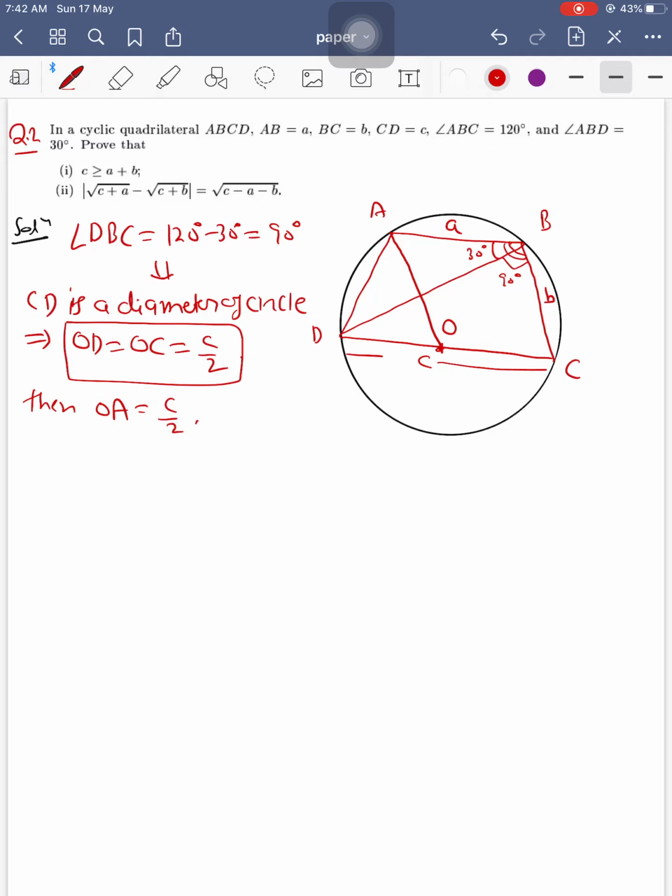Okay, also angle ABD equal to angle ACD equal to 30 degree, angle in the same segment.